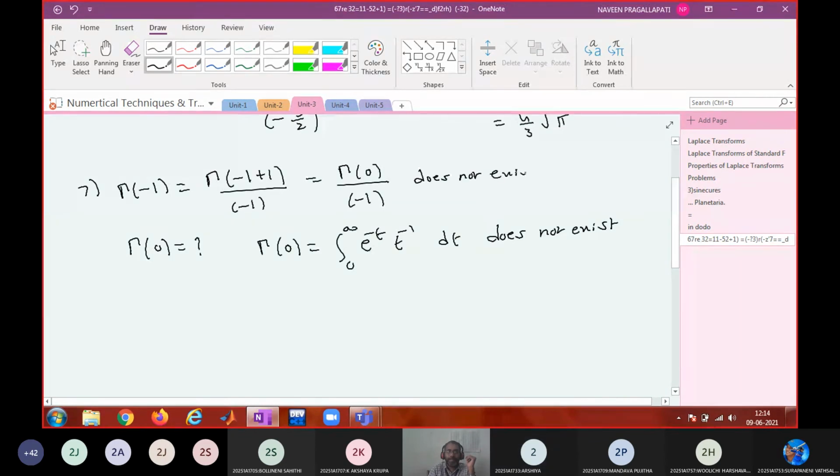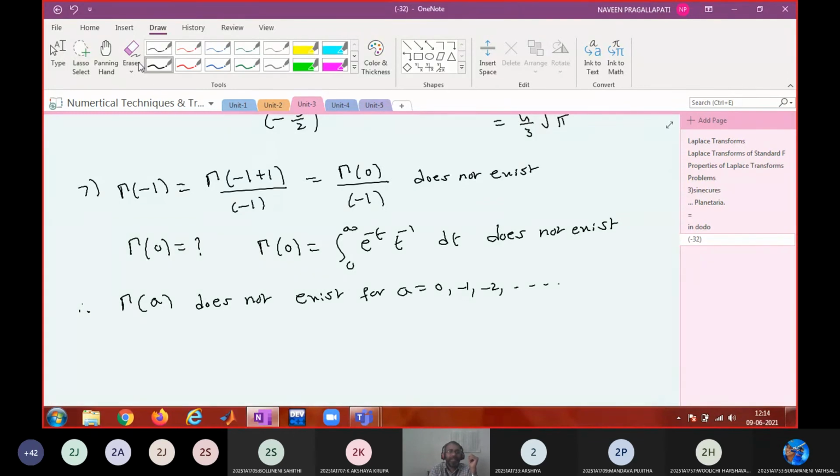Therefore gamma of a does not exist for a equal to 0, minus 1, minus 2 and so on. So write this as a note. This is an important note.